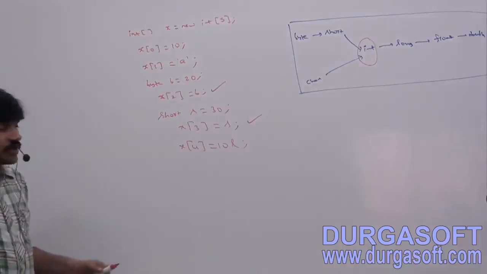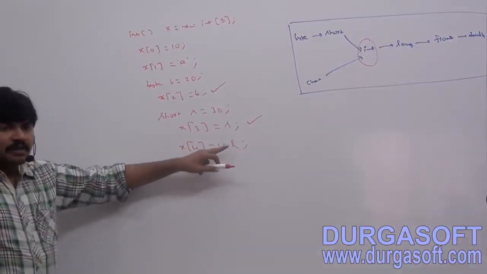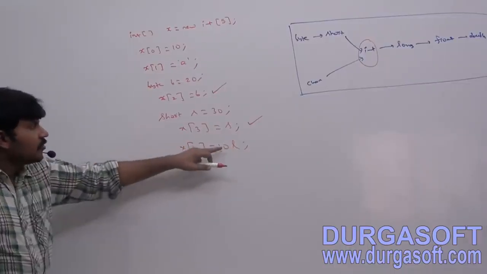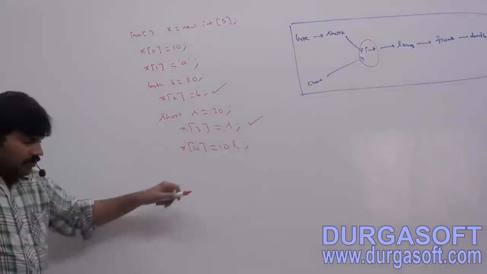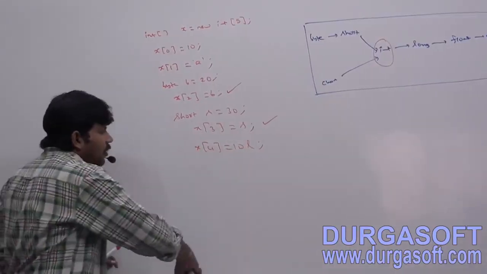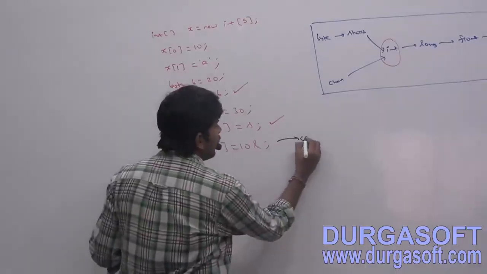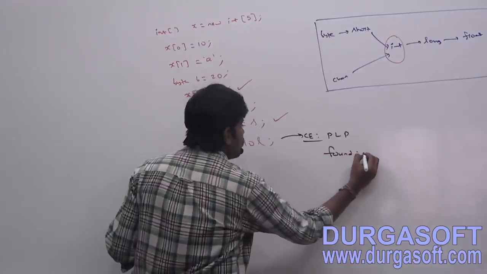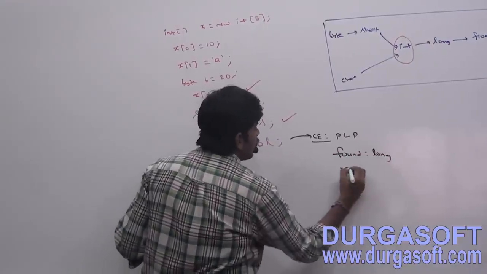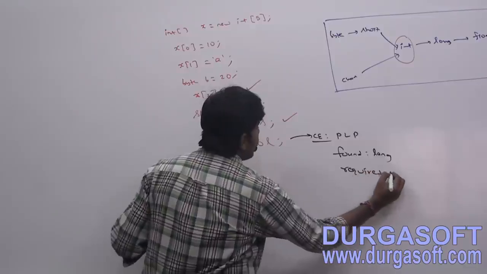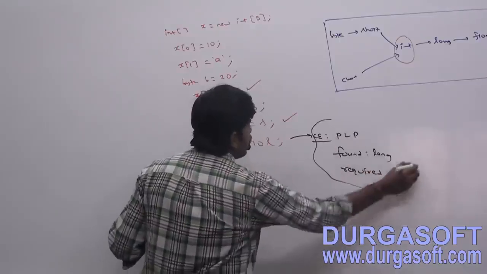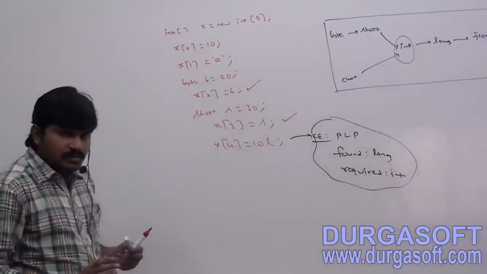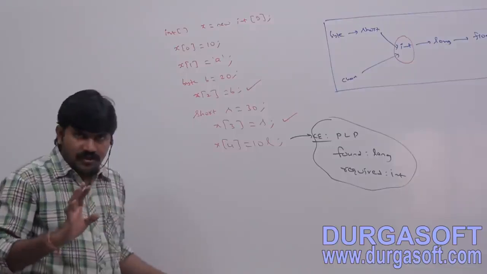Valid or invalid? Invalid, because in the place of int, by mistake, if you are providing long, immediately compile error saying possible loss of precision. Found long, required is nothing but int, right?